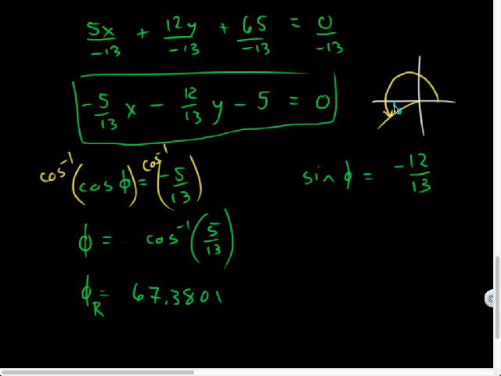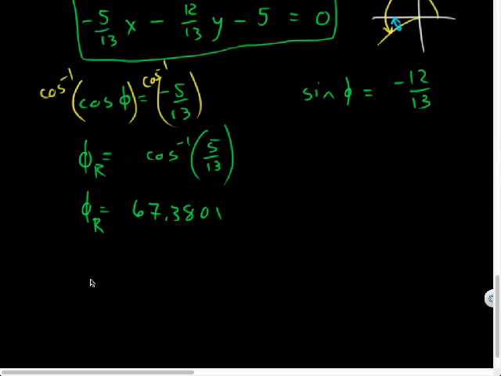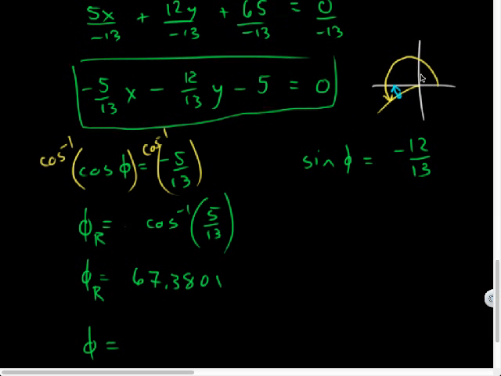How do I find the actual angle phi? It depends on which quadrant it's in. In the second quadrant, you subtract the reference angle from 180. In the third quadrant, you add it to 180.